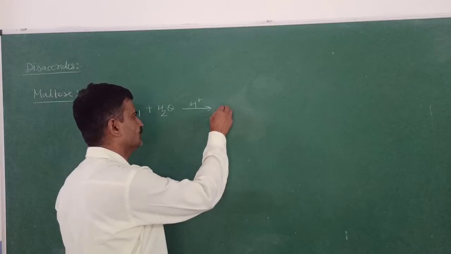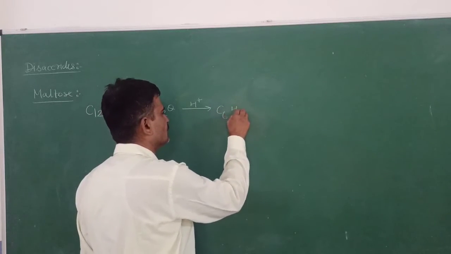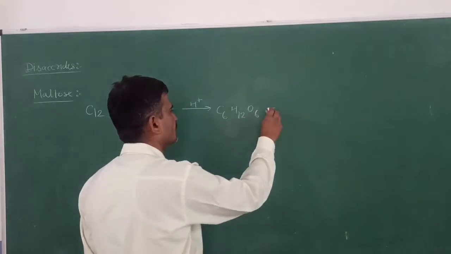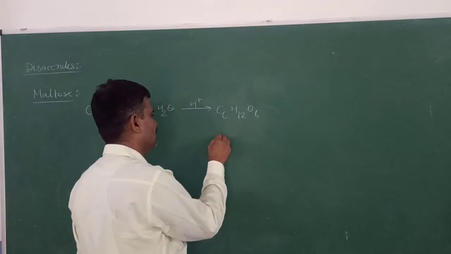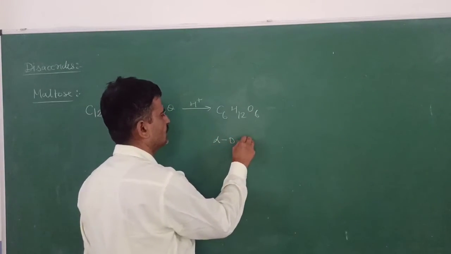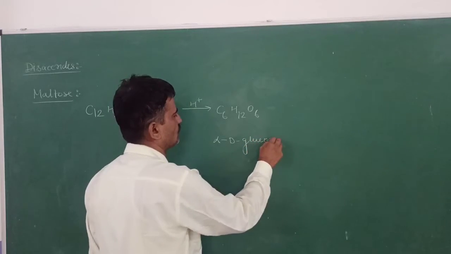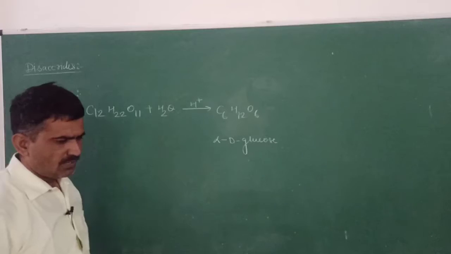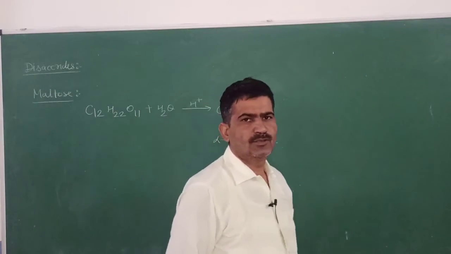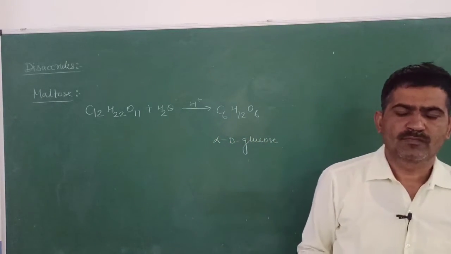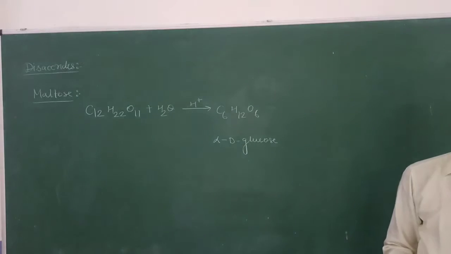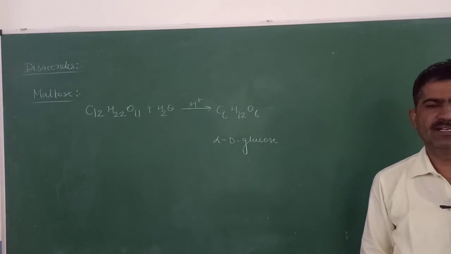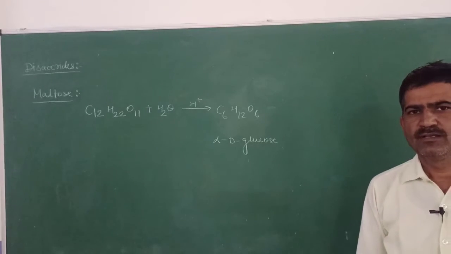It gives you glucose units. This is alpha D glucose, and these maltose are obtained from the sprouted seeds of pulses and grains.